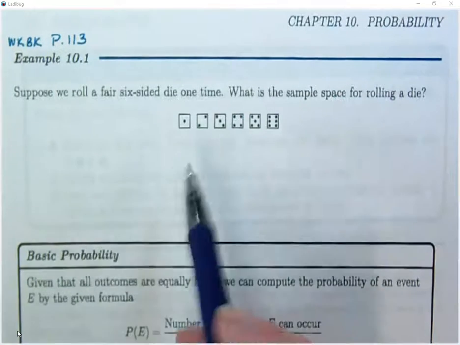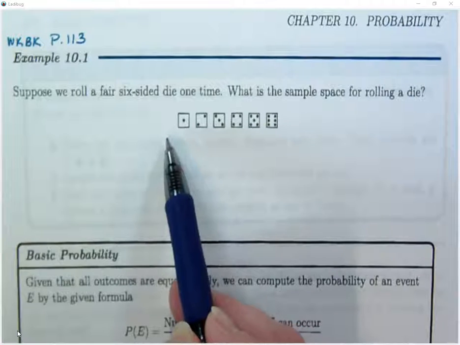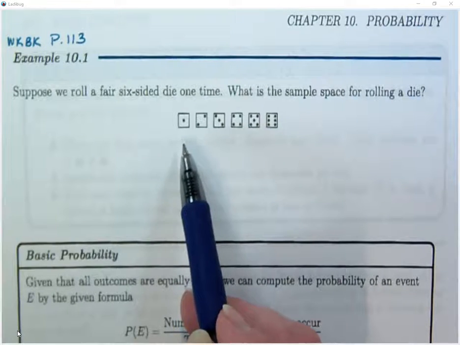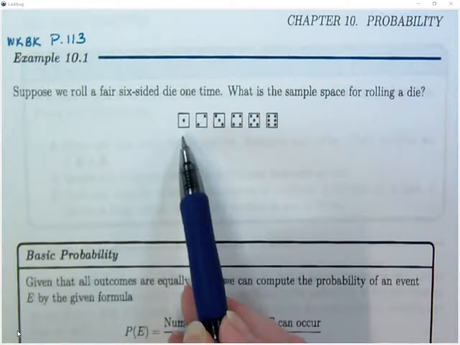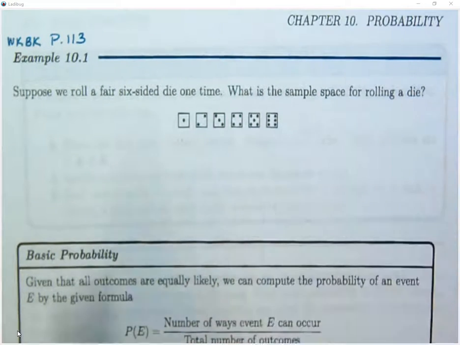So we have, suppose we roll a fair 6-sided die, one at a time. What is the sample space for rolling a die? So if it's just one and we're not having pairs or threes, then it's pretty simple and straightforward.